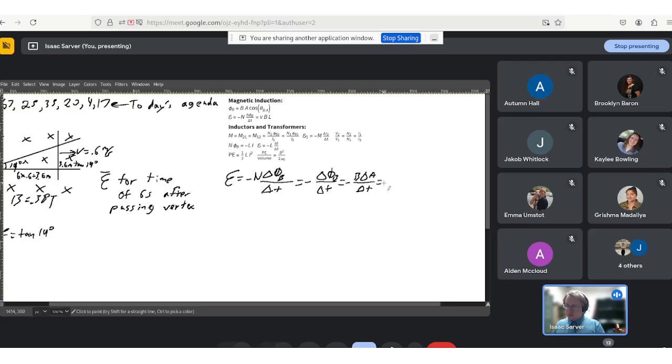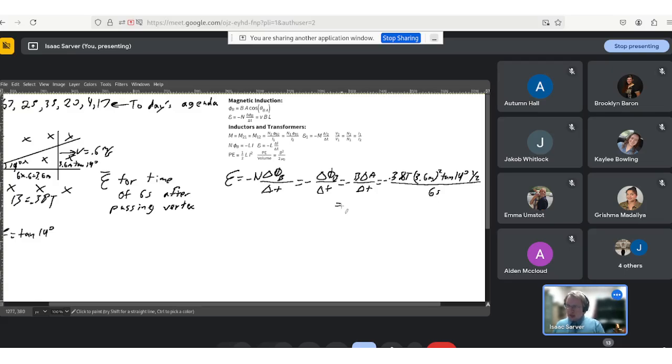So this will be minus B, 0.38 Tesla, times the area: 1/2, base 3.6, height 3.6 tan 19 degrees, all over 6 seconds.